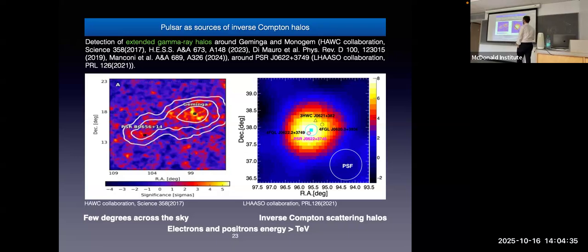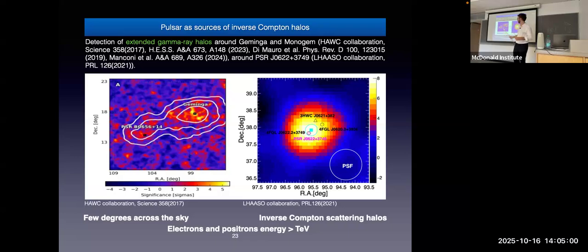Now, the interesting thing about TeV halos is that they can give us some complementary information with respect to the positron excess. In the positron excess, we are looking at particles that have been emitted somewhere out there. They traveled a lot, they cooled down, they were affected by energy losses, and we just see the results. Here, on the other hand, we can get some interesting information about the particles that are producing these gamma rays.